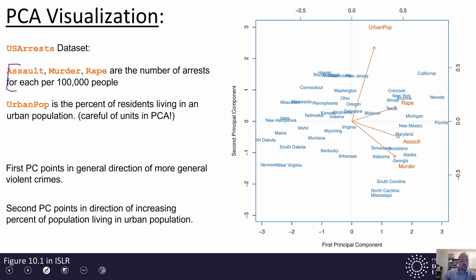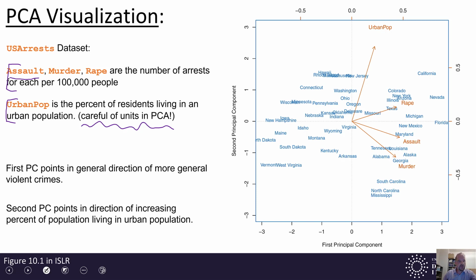So if the variable assault is 200, that means 200 people are arrested for assault for every 100,000 people in the state. Then we have this feature variable called urban pop, which is the percent of residents living in an urban population. And there's a warning here: be careful of units in PCA. We'll talk about this a little more in a moment.